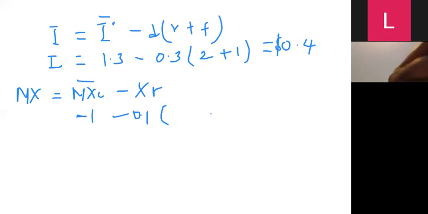So that is -1 minus 0.1 into brackets 2, and that gives you -1.2. Great.